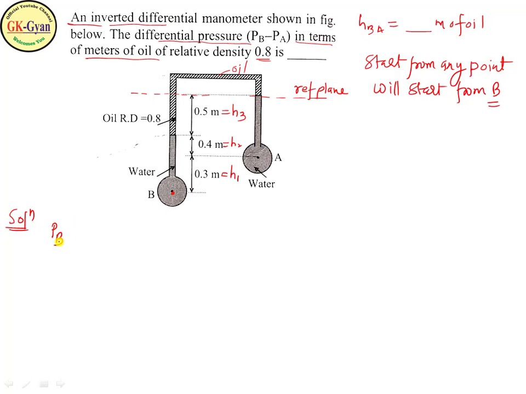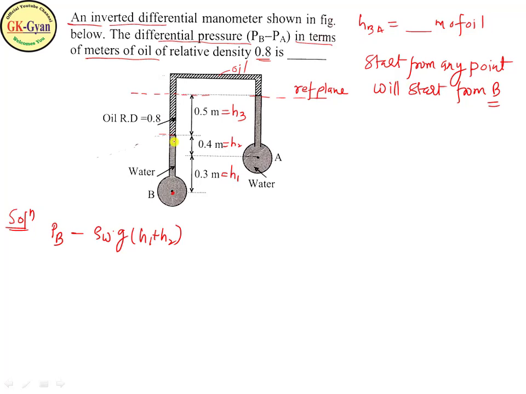So it will be PB. Then from this point you are moving upward. Up to this point there is water, so there will be a negative sign: minus rho of water into G into H1 plus H2.